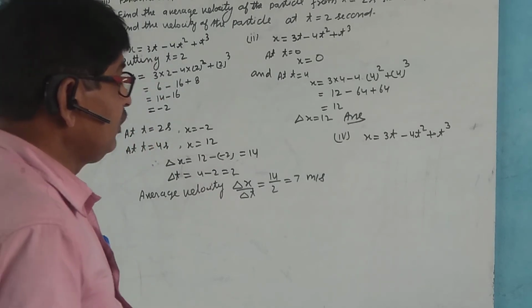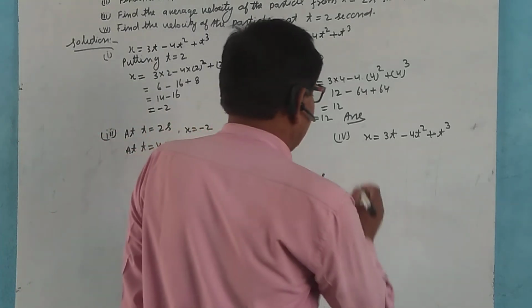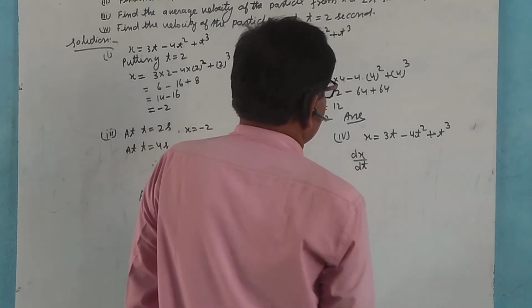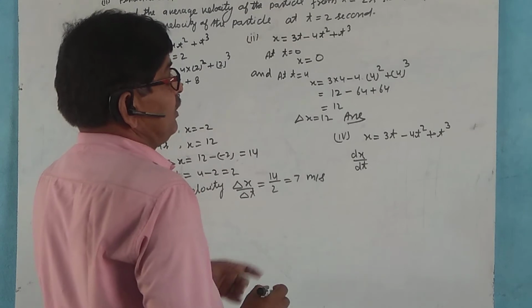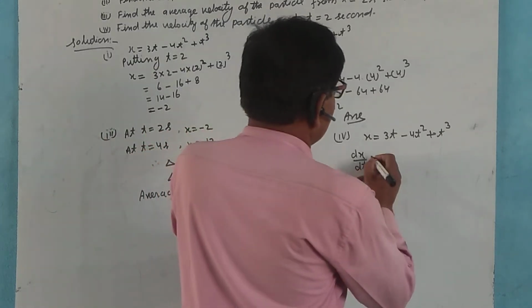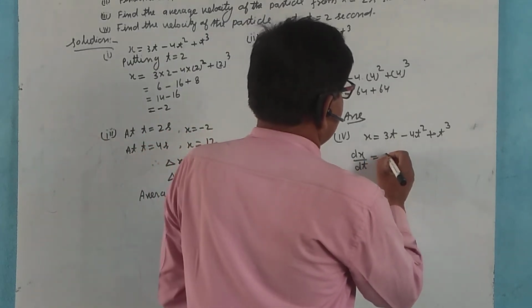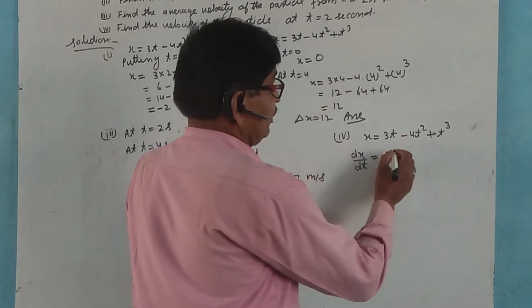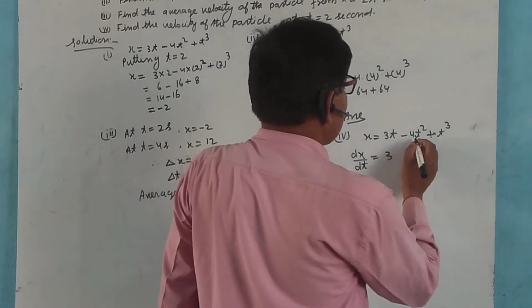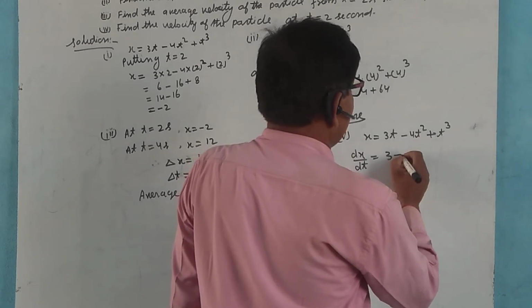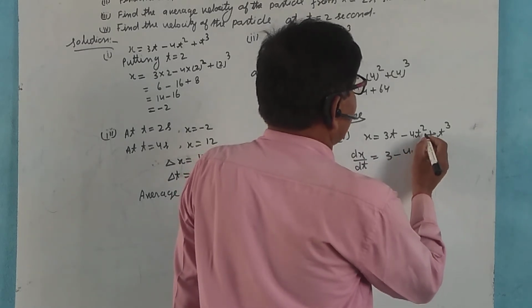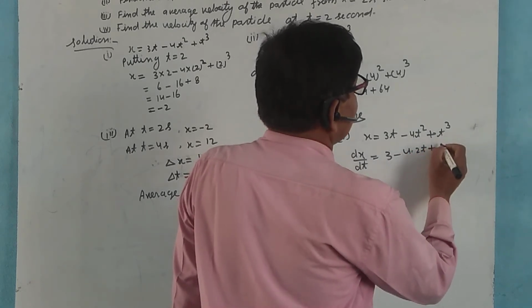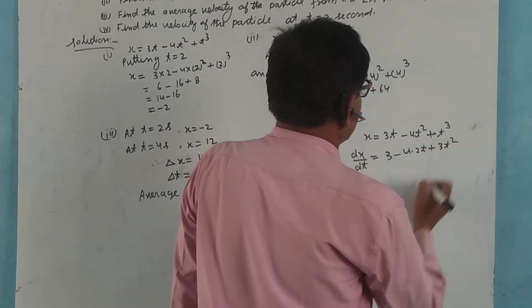Now we find out dx by dt, differentiating with respect to t. Here this is equal to 3, and this is minus 4 times 2t, plus this is 3t square.